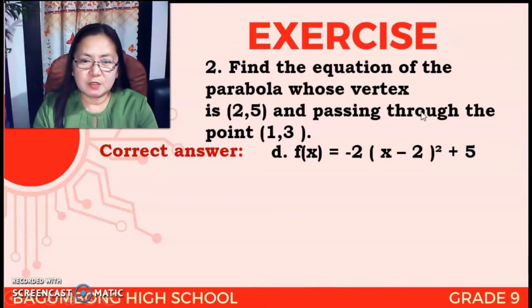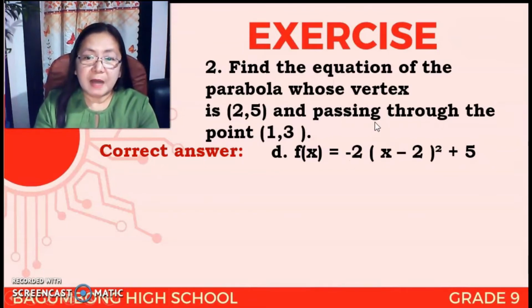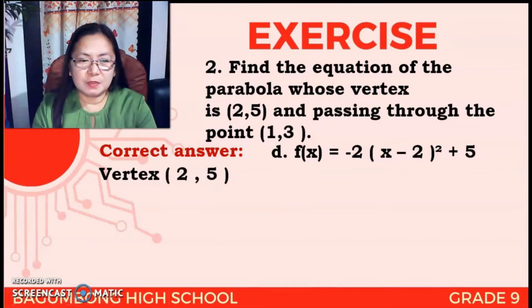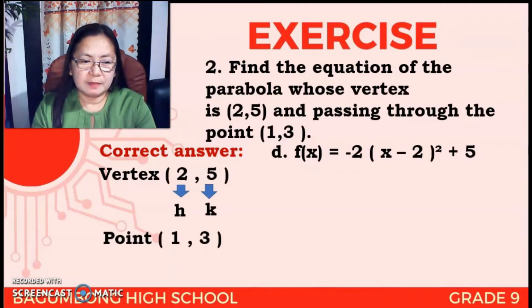There is a condition: passing through the point 1, 3. So, the vertex is at 2, 5, where H is 2, K is 5. Passing through the point 1, 3, where x is 1, and y is 3.